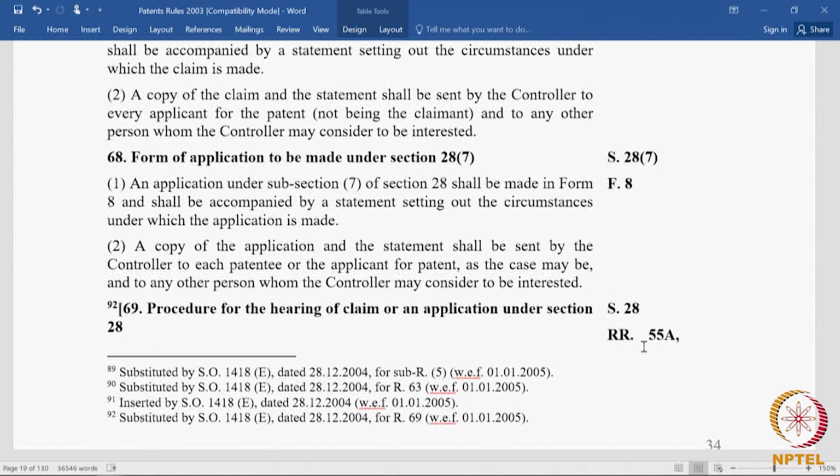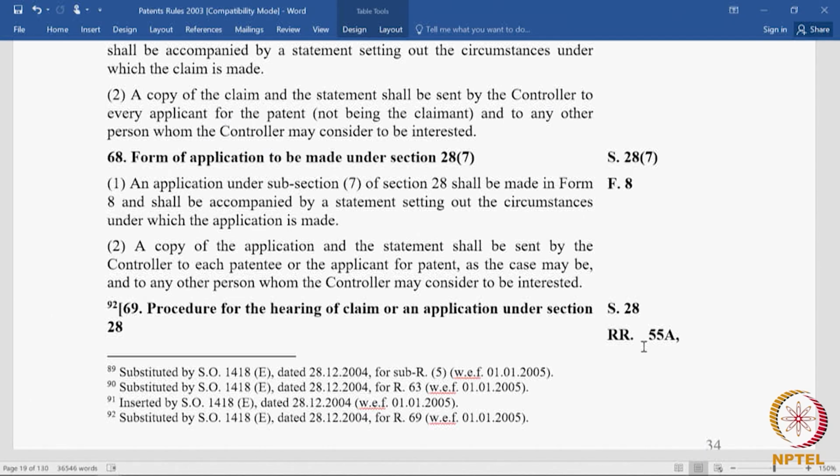28(2) and 28(3) are proceedings before grant, because 28(4) tells us that the request under the foregoing provisions, that is 1, 2, 3 of this section, shall be made before the grant of a patent. Okay. So, when we are talking about a 28(7) proceeding for a certificate, it can be either before or after the grant.